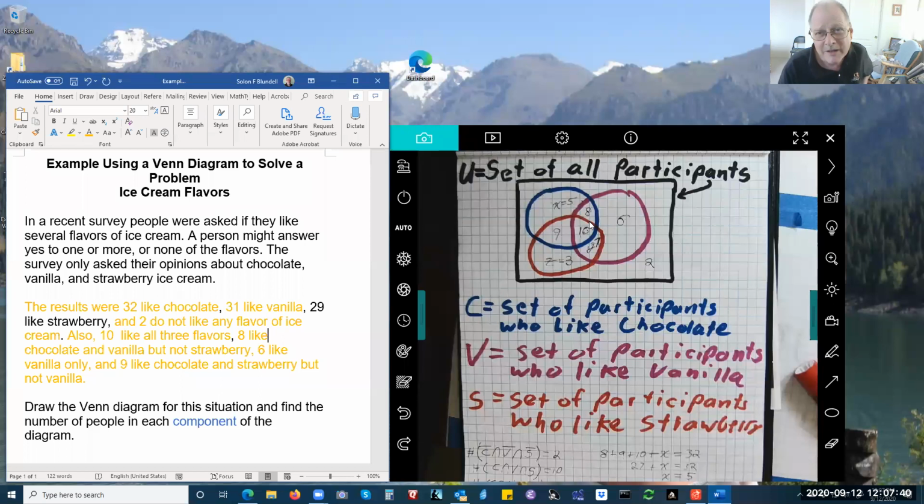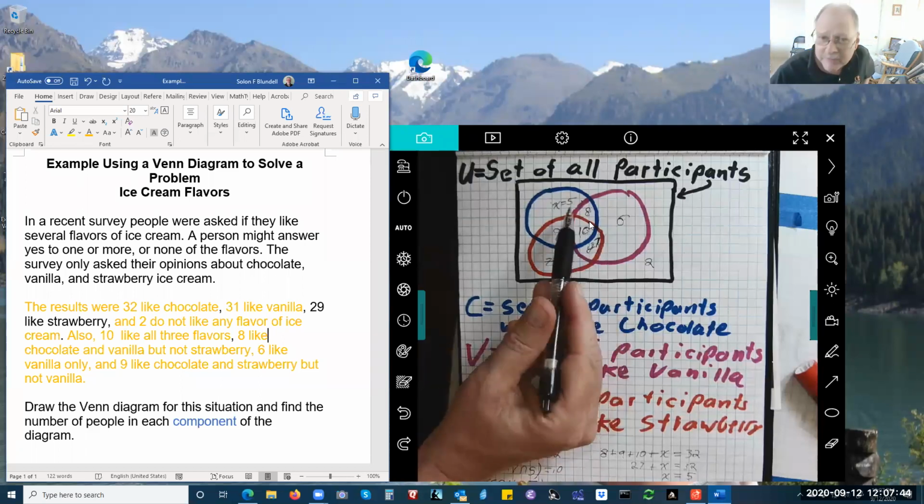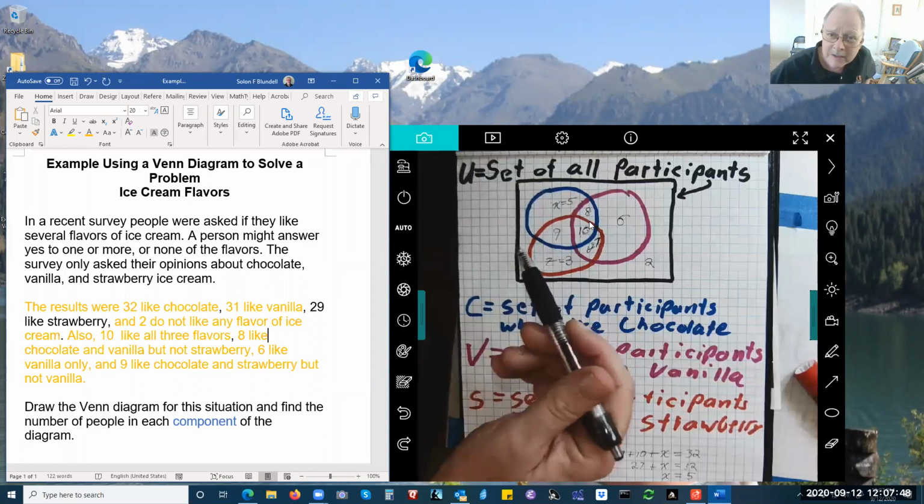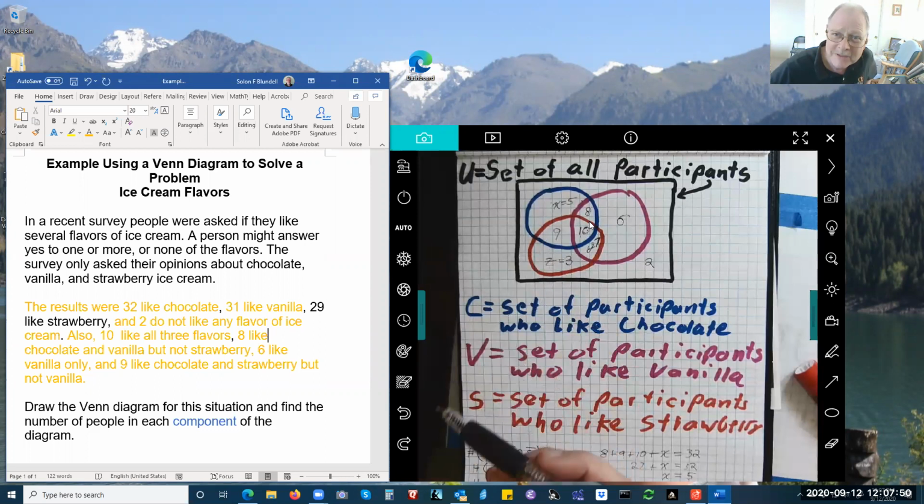And if you went beyond that to like 5, you might not even be able to draw it in the plane. You might need to go to, instead of circles on a flat piece of paper, balls in 3 space. So this is as hard as it gets for the homework.